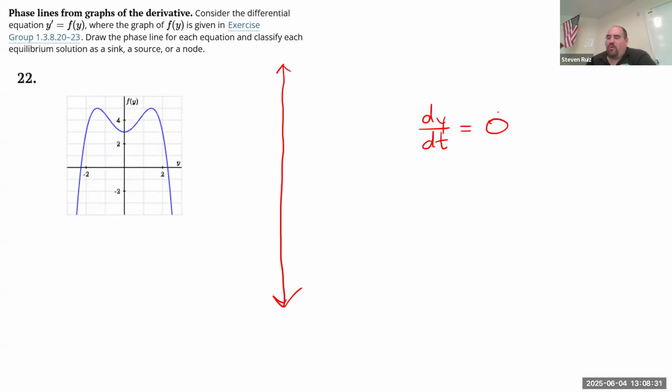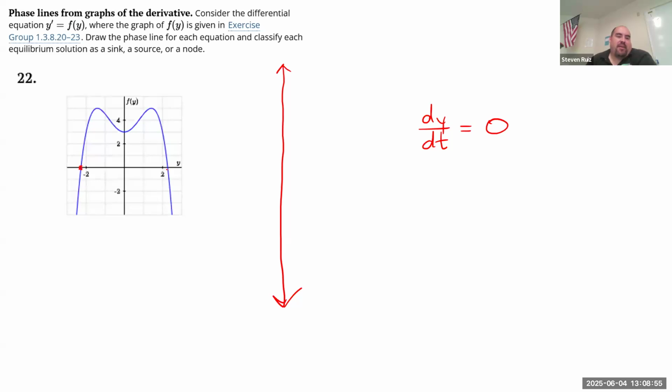But I should probably figure out where my equilibrium points are first. If I am looking at a graph of my derivative, where is equilibrium going to happen? Well, by definition of what equilibrium is, that is where dy dt or y prime is equal to 0. So where does that happen?